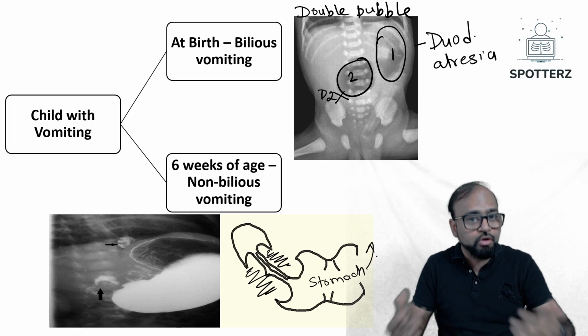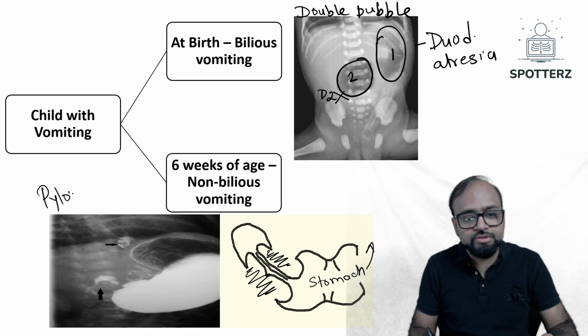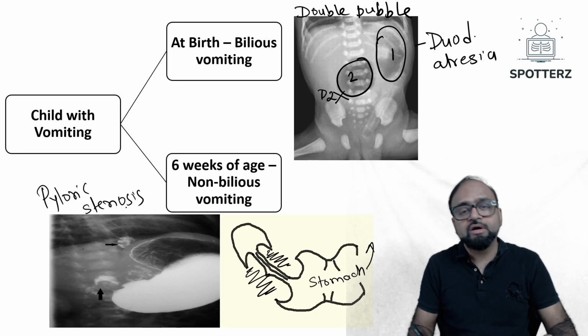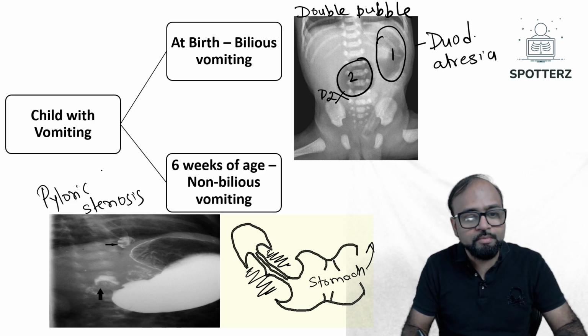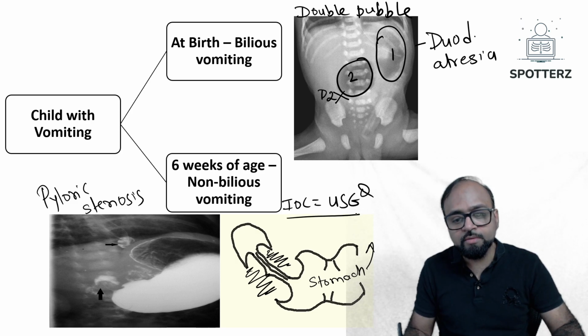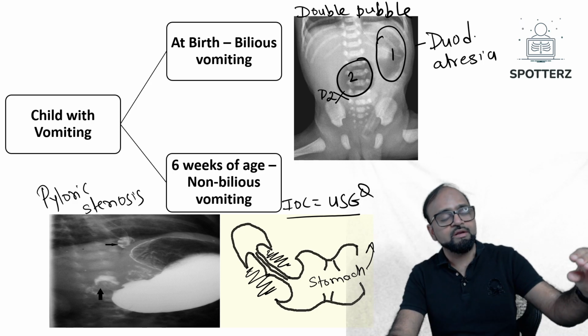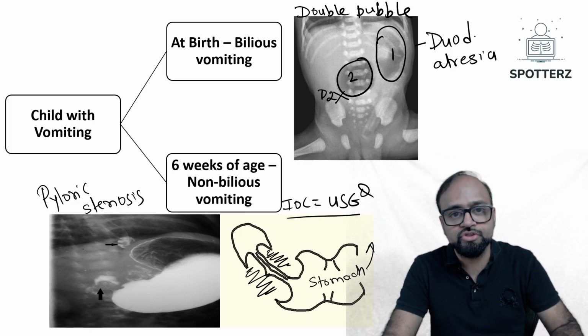So therefore there is non-bilious vomiting here. So this is your pyloric stenosis. It is called infantile pyloric stenosis now. Remember, the investigation of choice for pyloric stenosis is now USG, because this pyloric muscle can very well be visualized. The thickness more than 4 millimeters, the length of the canal more than 16 millimeters. These are diagnostic features on USG.